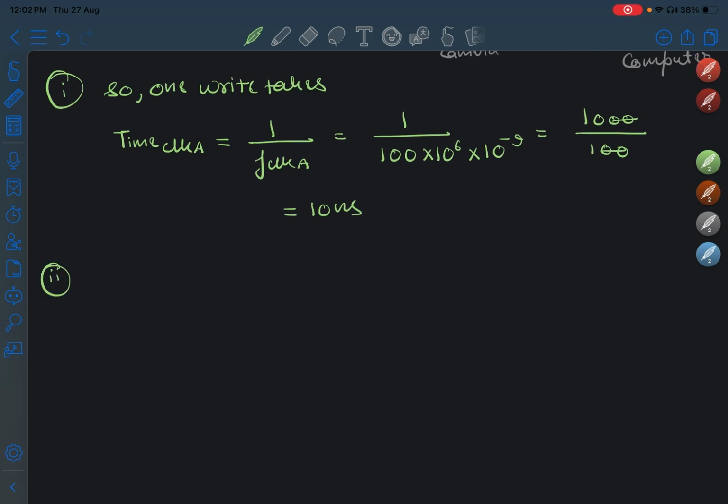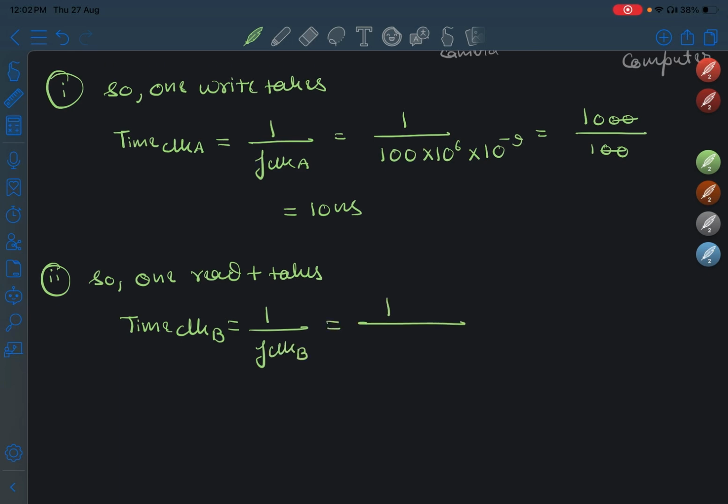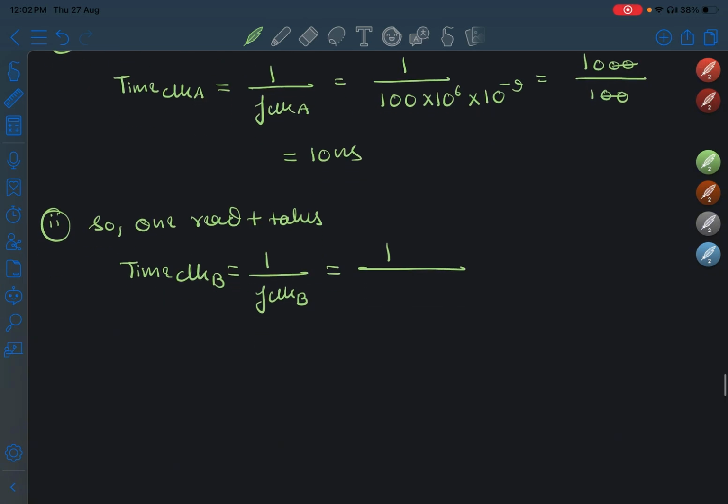Second, one read takes how much time? Time of clock B, which is the read clock, is 1 upon F of CLK B, which is 1 upon 25 megahertz.